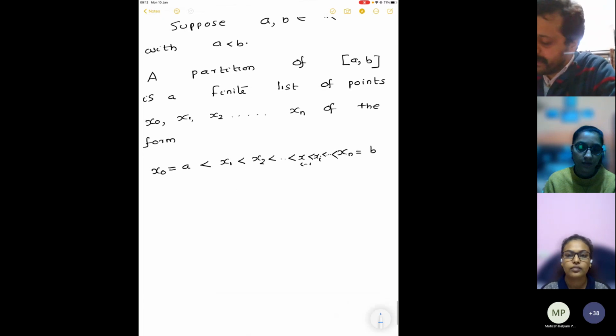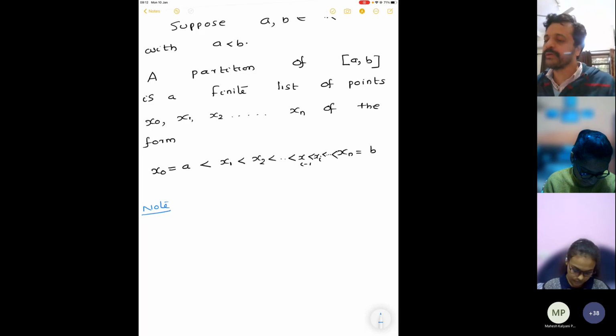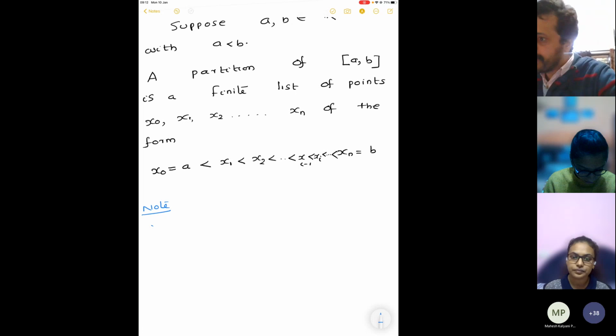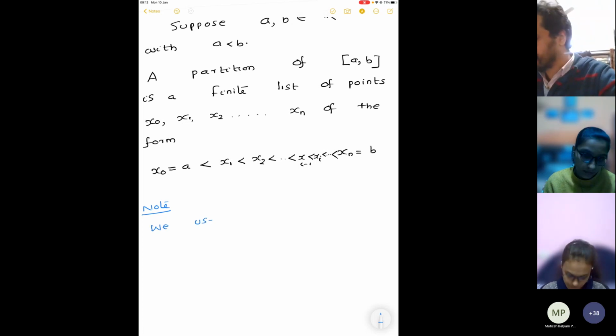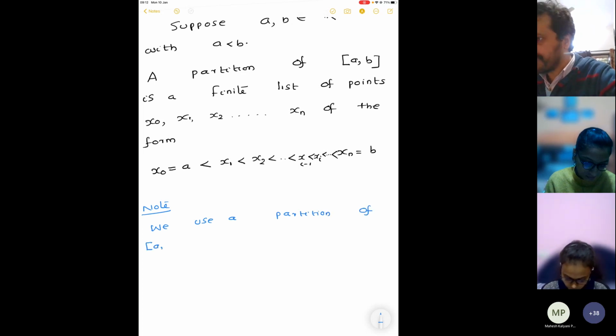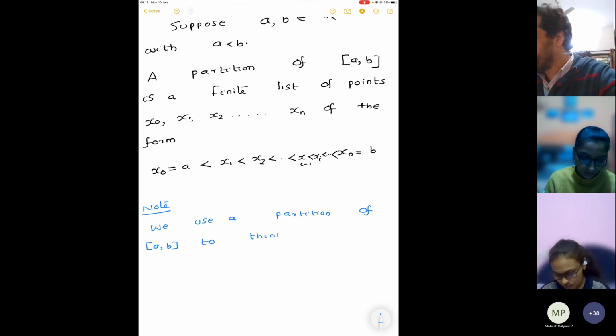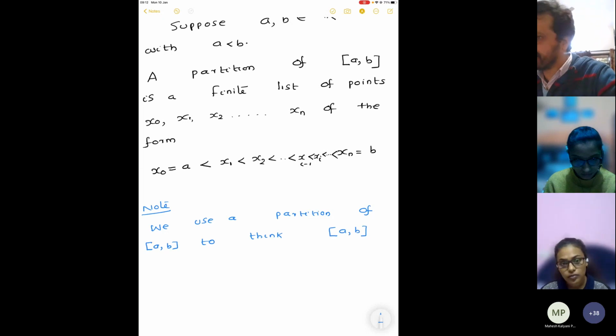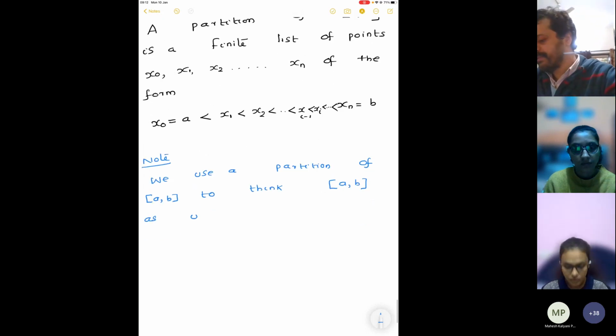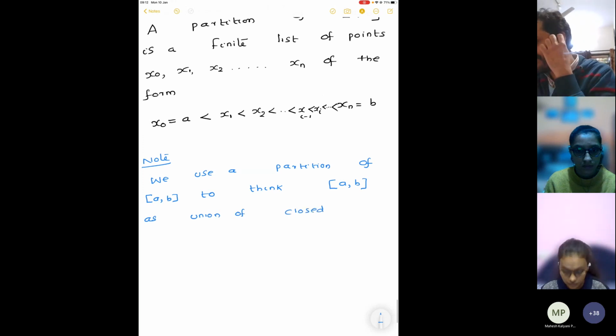Note what a partition does. Once you fix a partition, the total interval you can write as a union of subintervals. We use a partition of AB to think of AB as a union of closed subintervals.